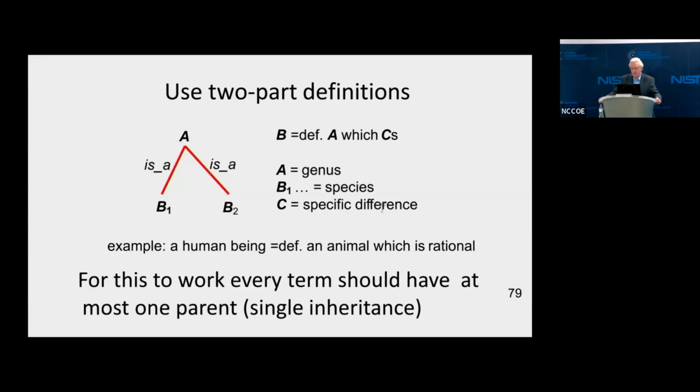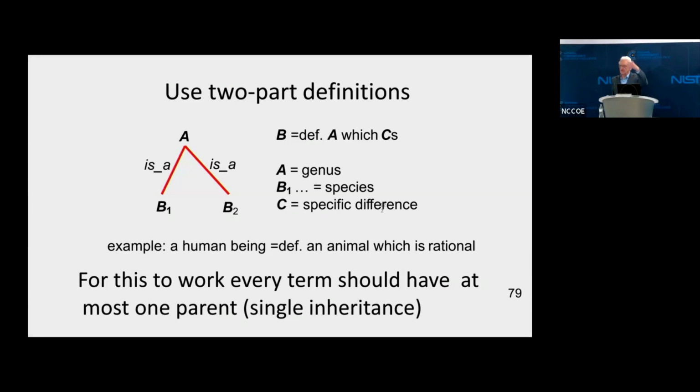Now, one important stepping stone in the development of ontologies since the millennium is the idea, which was invented by Aristotle, that when you're building definitions of terms in an ontology, you should use what are called Aristotelian or two-part definitions.